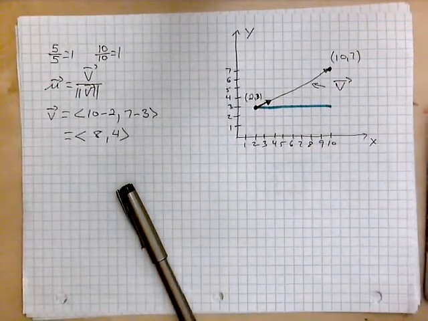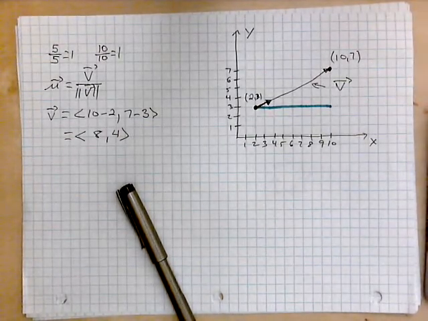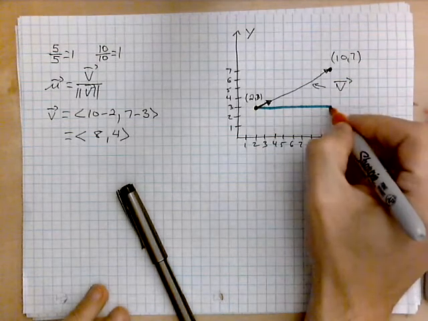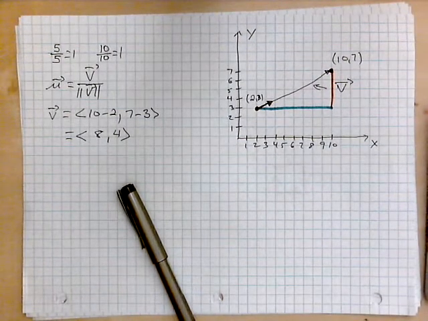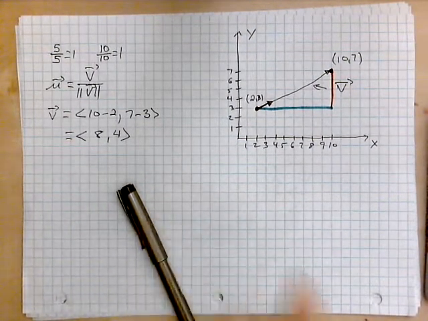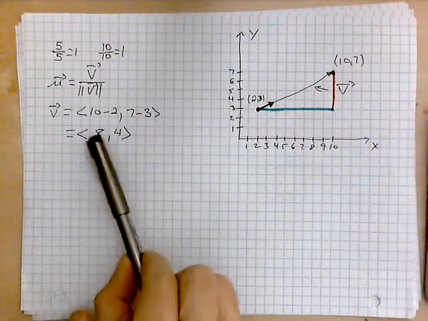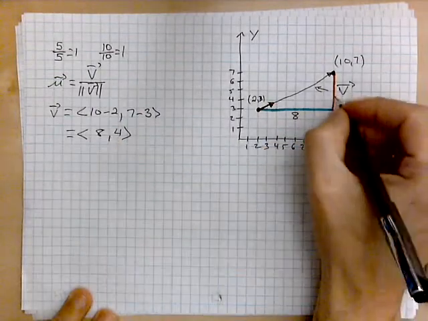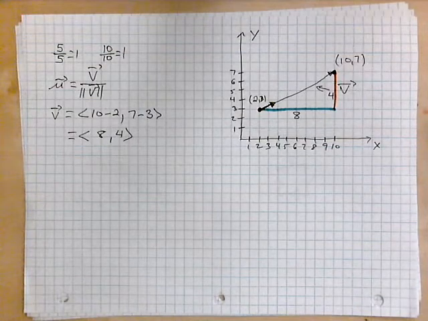Let's draw here in another color in green or orange, it doesn't matter. That is the y component of the vector. So our vector v consists of 2 components, a vertical one and a horizontal one. That 8 over here represents the horizontal, and the 4 represents the vertical component of the vector. Okay?